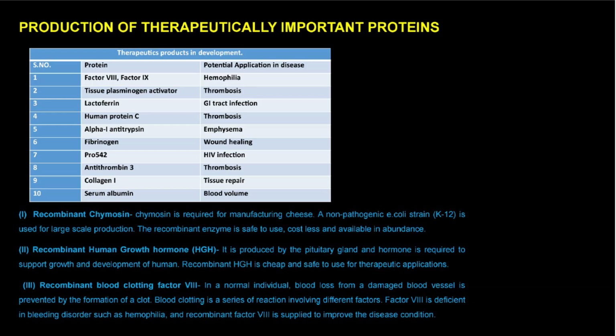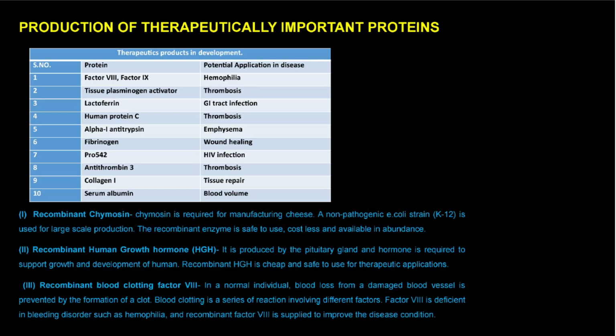Other proteins that are therapeutically important are factor 8 and factor 9, which are important for hemophilia patients because these help in the blood clotting reaction. Also tissue plasminogen activator, lactoferrin, human protein C, alpha 1 antitrypsin, fibrinogen, pro 542, antithrombin 3, collagen 1, and serum albumin.